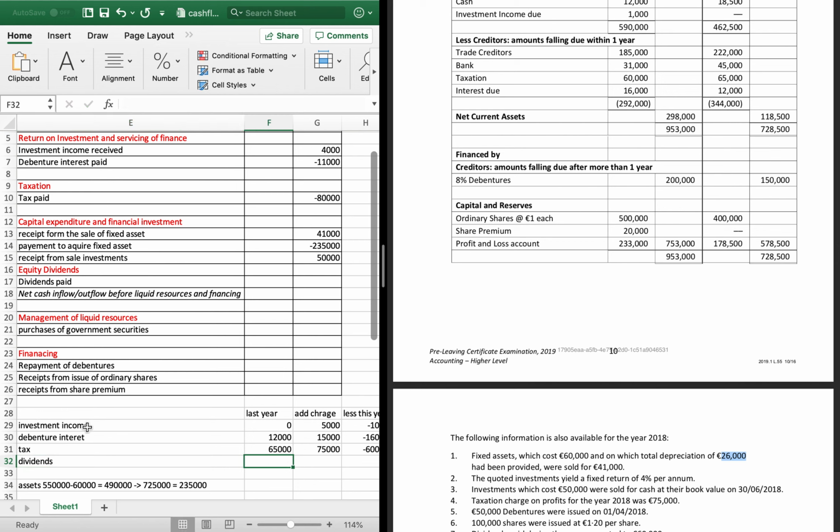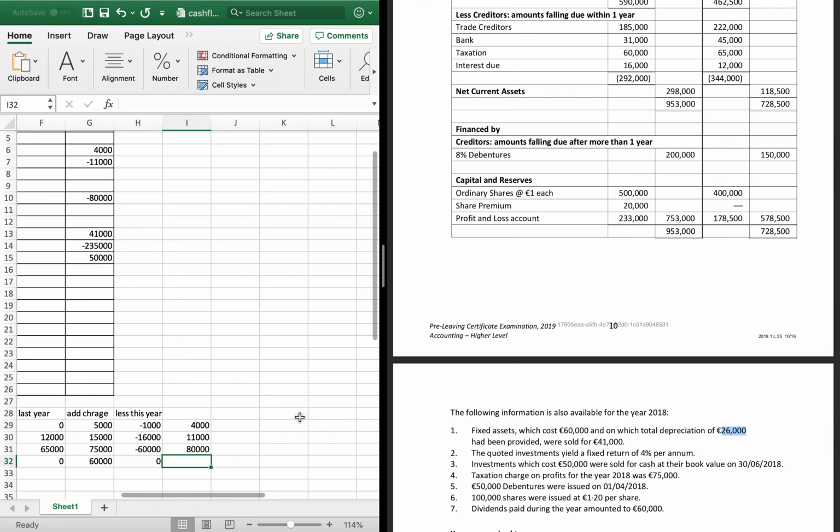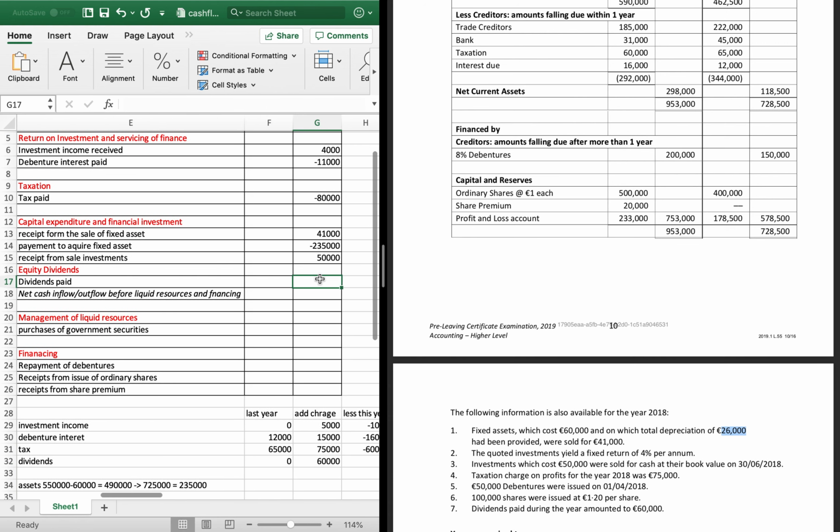So dividends started off at 0. There's no dividends due. The charge for the year, or the dividends for the year, was 60,000, and there's nothing due at the end, so dividends are 60,000. So that's nice and easy. That's minus 60,000 up here because we've paid them.